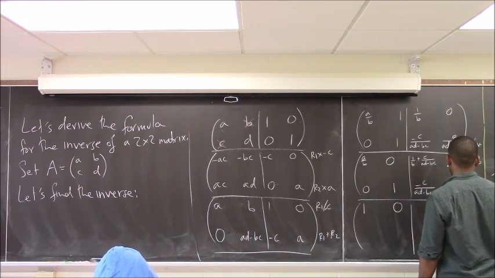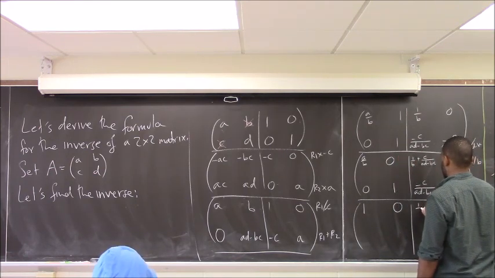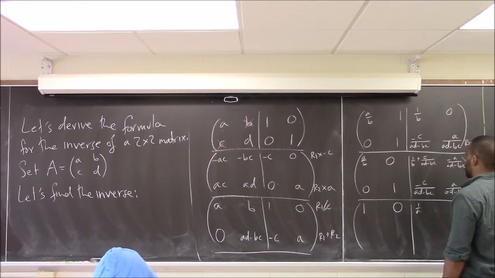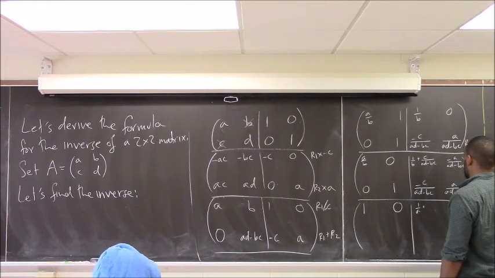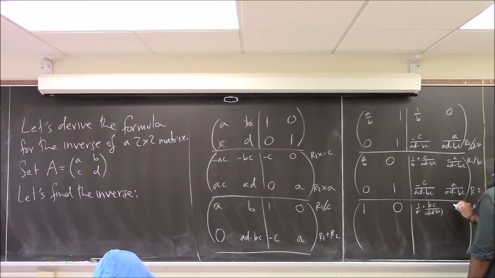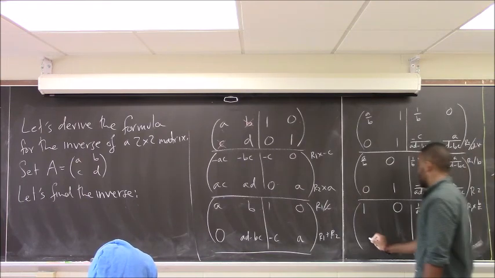Multiply this by b over a. The b's cancel and I get 1 over a plus bc over a times ad minus bc. And here I'm going to multiply by b over a. The a is going to cancel, leaving ad minus bc.